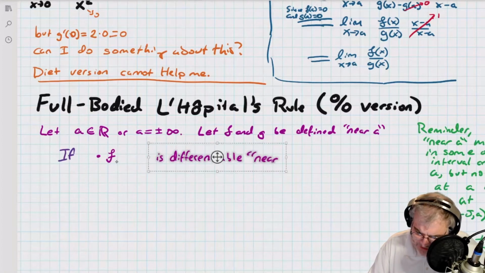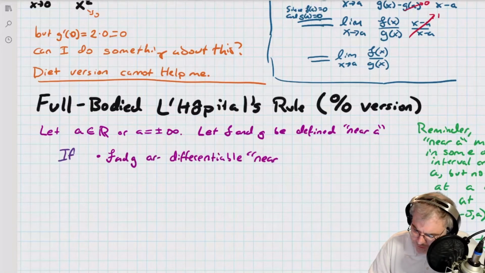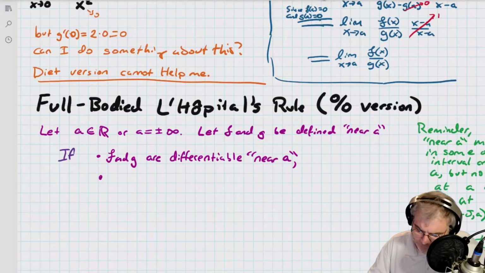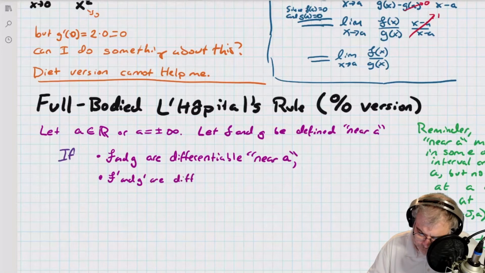If F and G are differentiable near A, and this is weird, F prime has to be continuous, and so does G prime. Sorry, are continuous, not differentiable. Continuous.